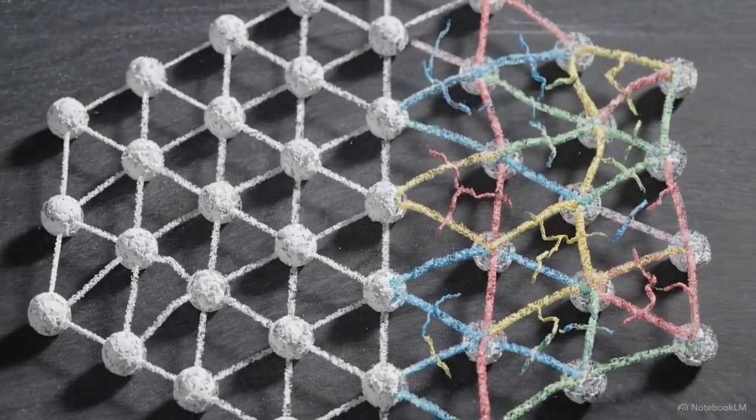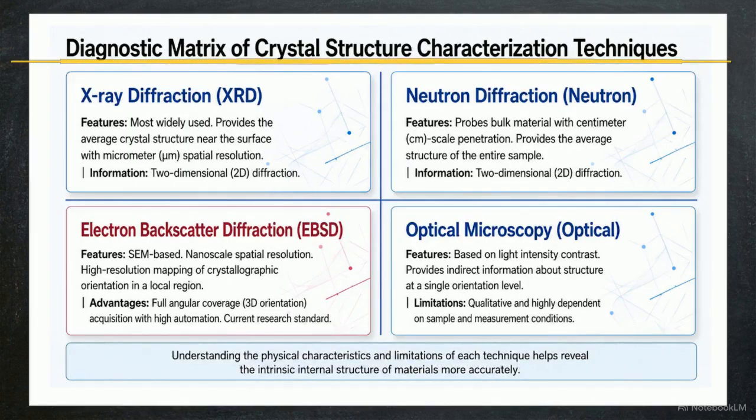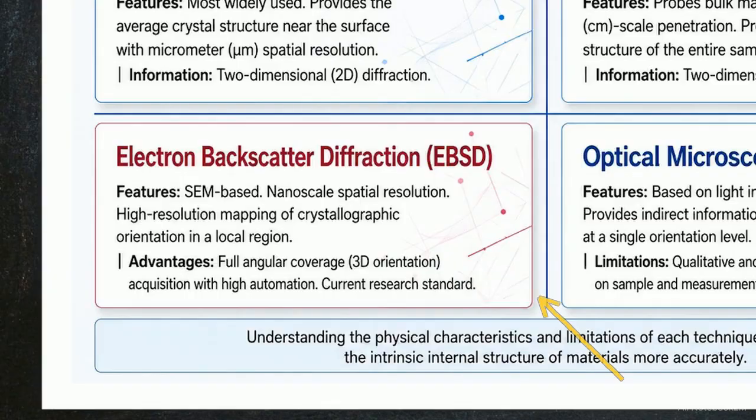This matrix outlines how researchers apply that theoretical baseline in physical laboratories using advanced material characterization techniques. Traditional 2D X-ray diffraction yields a broad structural average, but it lacks the nanoscale spatial resolution necessary to map localized grain orientations. For precise crystal plasticity, the current research standard is electron backscatter diffraction, or EBSD.